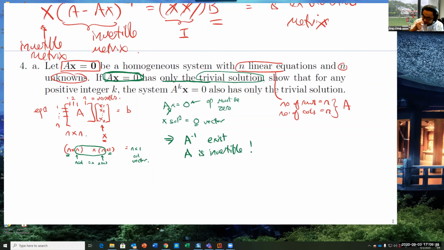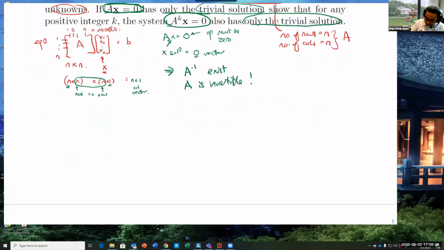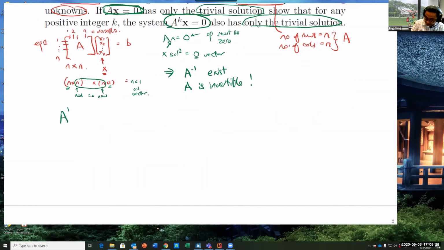Now, then he says, all right, go ahead and prove to us that A^k X equals 0 also has only the trivial solution. When this happens, the right hand side is 0. This is fixed. I give you the right hand side.